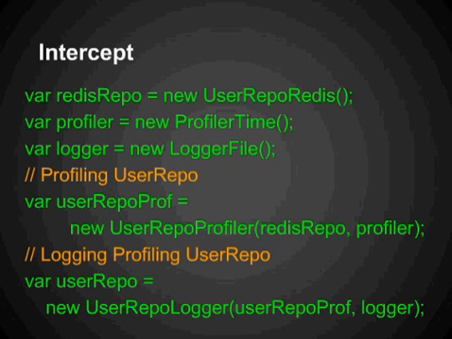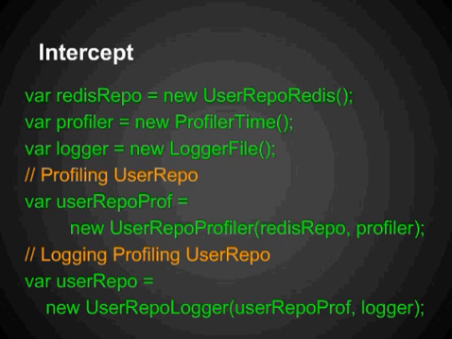And the repo S3 or the repo Redis object has no idea that there's logging going on, doesn't know, doesn't care, doesn't know there's profiling going on. Logging doesn't know profiling is going on, profiling doesn't know logging is going on. They're all loosely coupled and blissfully unaware of each other, and I haven't baked in logging or profiling into any of my user repo implementations.